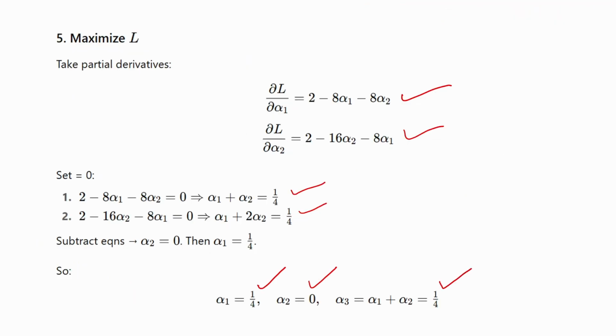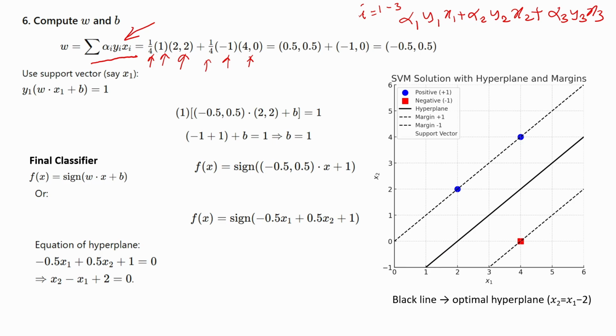Alpha 2 is 0, so we don't have that term. This is alpha 3, this is y3, this is x3. So this term becomes 0 because alpha 2 is 0. So you have only two terms. You substitute there and simplify, and you get minus 0.5, 0.5. So you got W as this one.